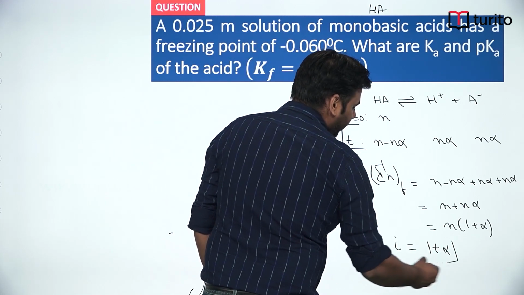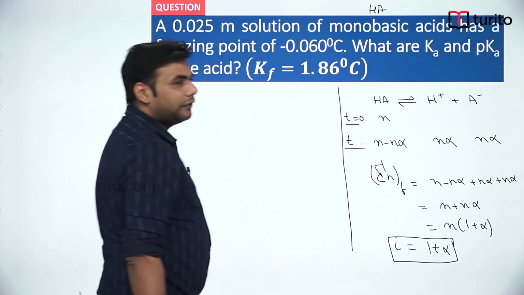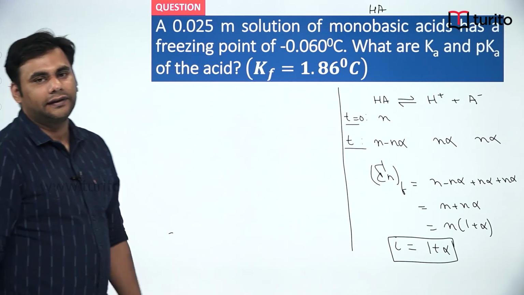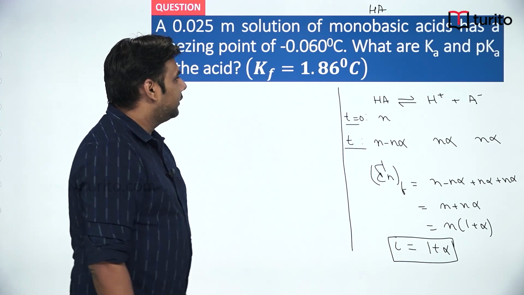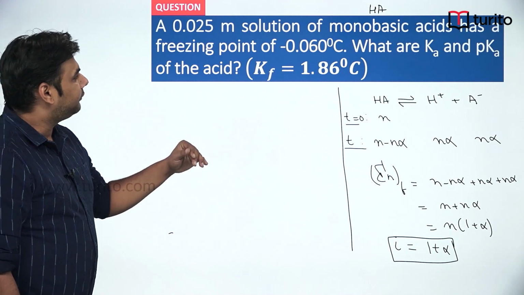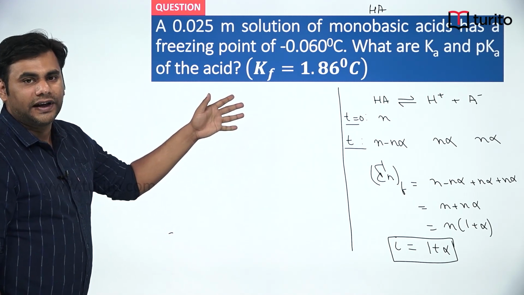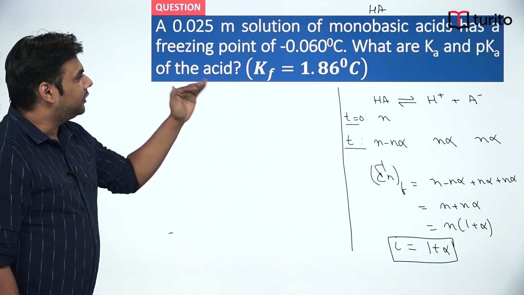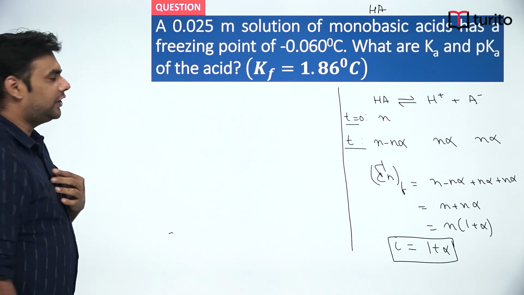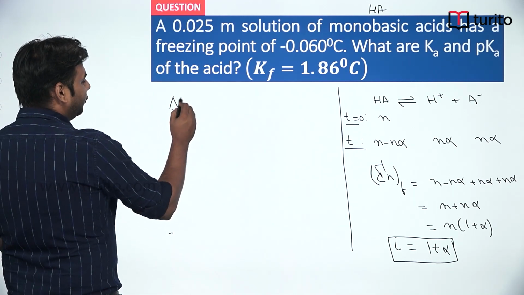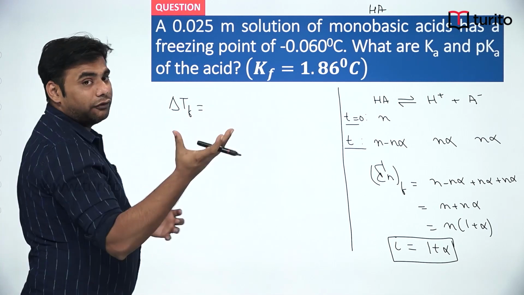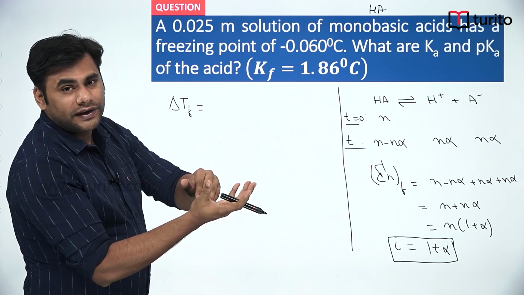So this would be 1 plus alpha. So the Van't Hoff factor of this weak monobasic acid is 1 plus alpha. Now we have taken this monobasic acid, and the freezing point of the solution is minus 0.06 degrees Celsius. So depression in freezing point is, because initially we had water, we have added this monobasic acid into it.